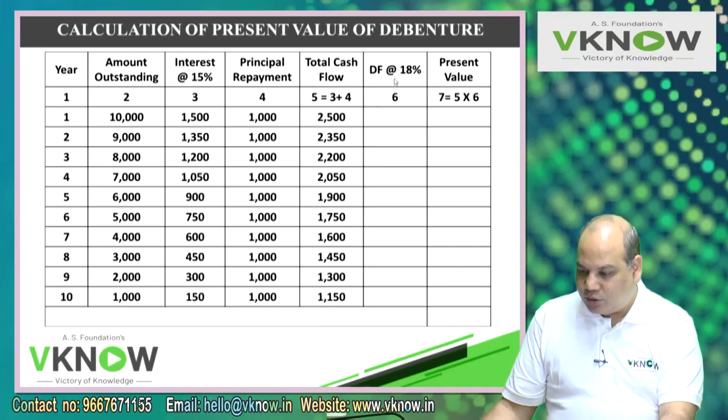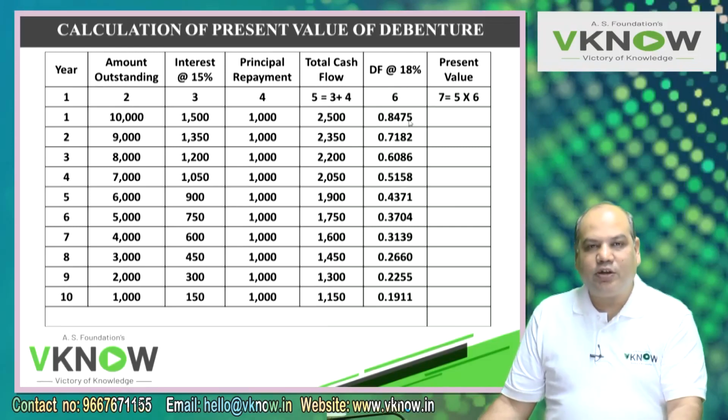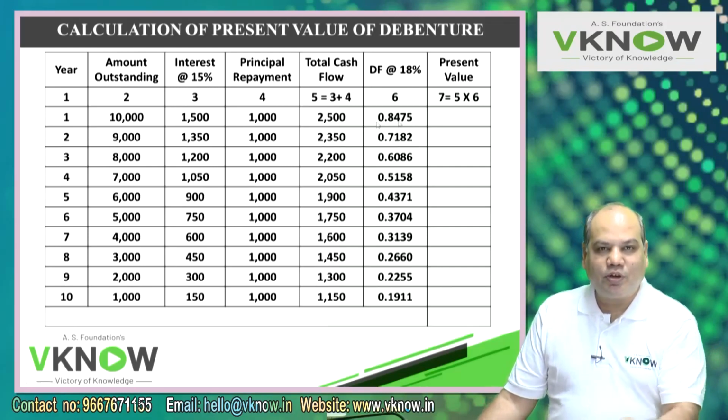Okay, and now you compute the discounting factor. 1 divided by 1.18 equal to 0.8475. Press equal to and write the number. So use both hand. Left hand press calculator equal to, right hand factor write down.